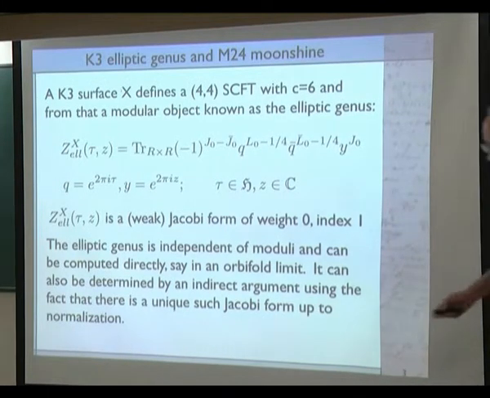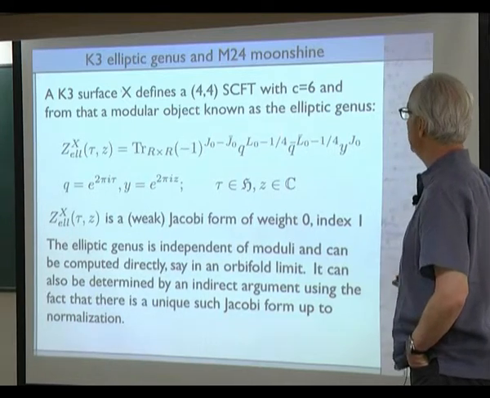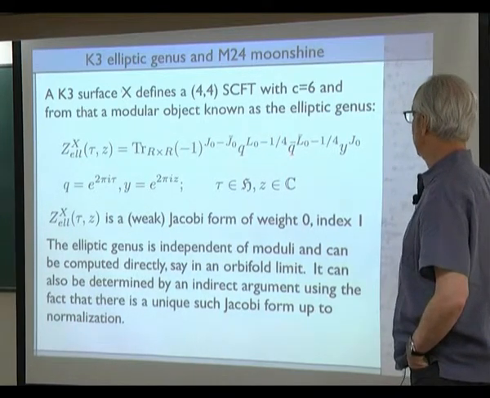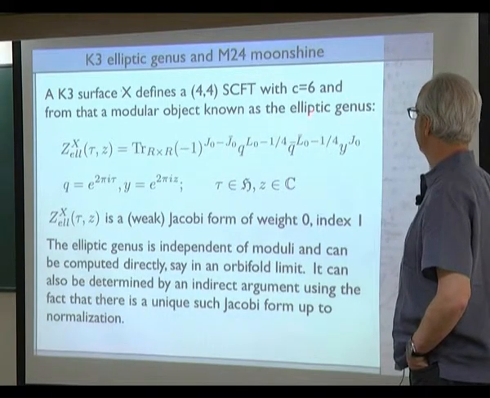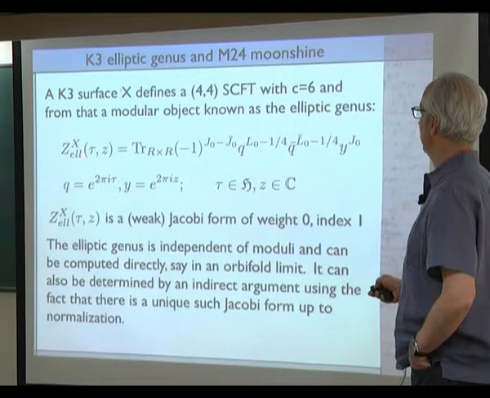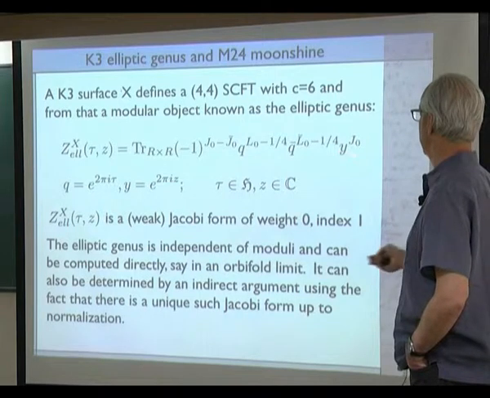Okay, so I will go a little fast over this, but just to say a few things, and Samir also covered some of this. A K3 surface defines a (4,4) superconformal field theory with central charge 6. And there's this quantity known as the elliptic genus, which is defined by a trace in the Ramond sector, which I think Samir described.